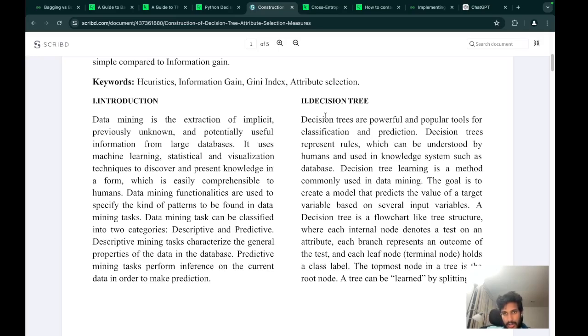Decision trees represent rules which can be understood by humans and used in knowledge systems such as databases. Decision tree learning is a method commonly used in data mining. The goal is to create a model that predicts the value of a target variable based on several input variables. A decision tree is a flowchart-like tree structure where each internal node denotes a test on an attribute, each branch represents an outcome of the test, and each leaf node, or terminal node, holds a class label.